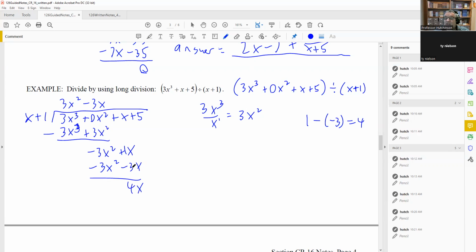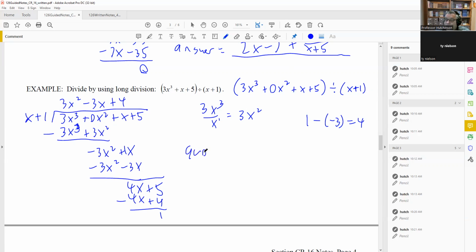Be careful. That's another place where people make the most mistakes, subtracting wrong with that. If I take 4x divided by x, I just get a 4. Okay, so I multiply that, I get 4x plus 4. If I subtract it, I get a remainder of 1.